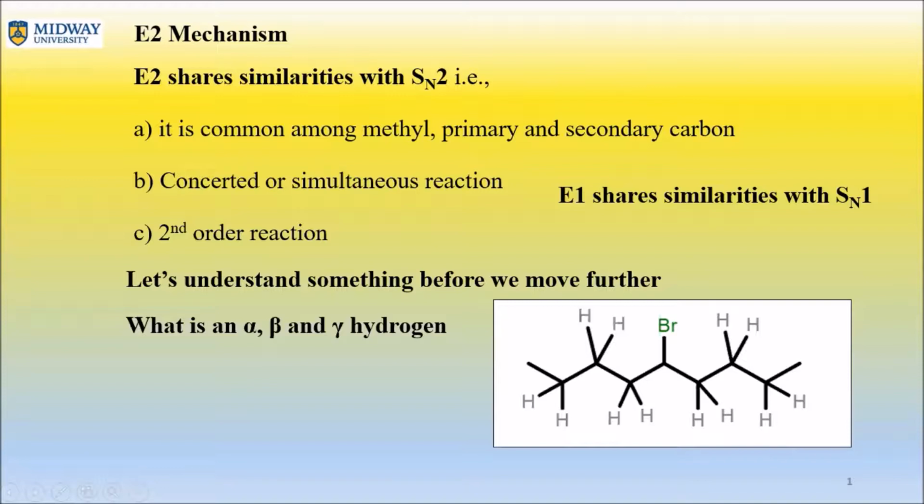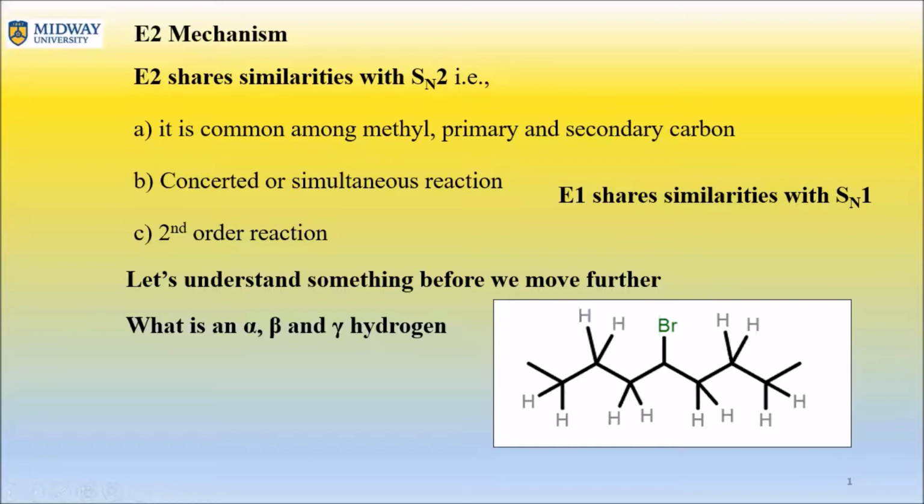So in this case, I constructed this particular molecule because it gives the best of both worlds, okay? So the carbon containing the Br, on either side, you have two carbons, right? Each containing two hydrogens.